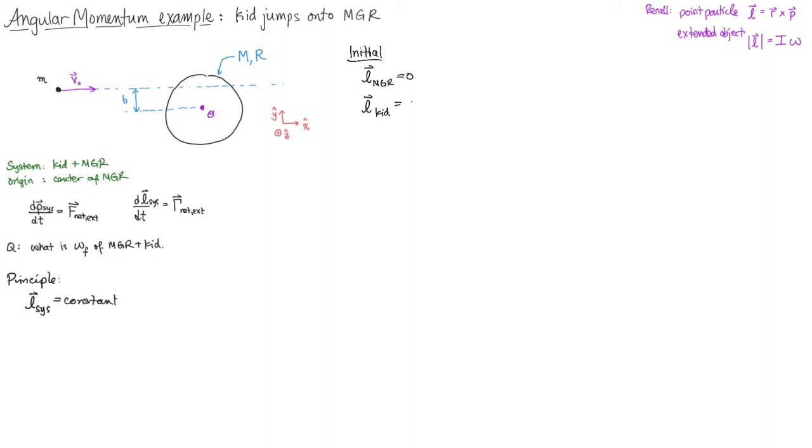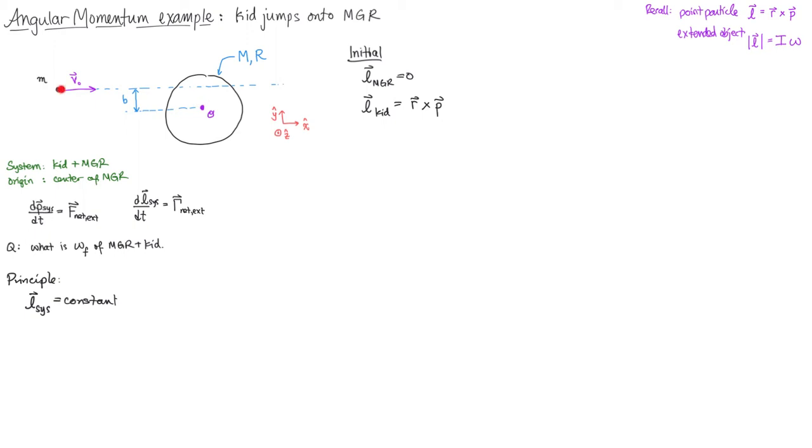Well, we know it's r of the kid cross linear momentum of the kid before landing on the merry-go-round. Well, let's think about that. As this kid is approaching, the kid has a fixed momentum, and the position vector from the origin to the kid will change, but so will the angle between the momentum vector and the position vector.